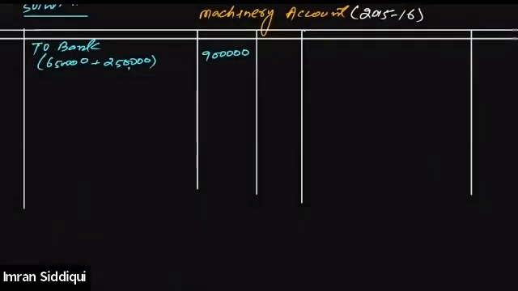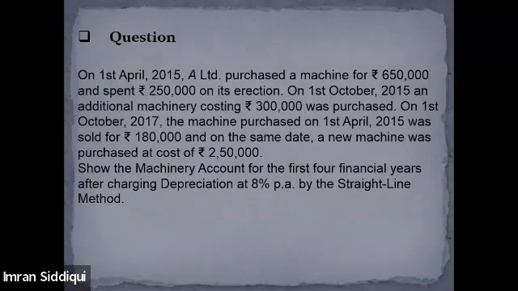So first transaction was related to 1st of April 2015. Then on 1st of October 2015, we have bought a new machinery. We will write this as to bank account, machinery account will be debited by 3 lakh.